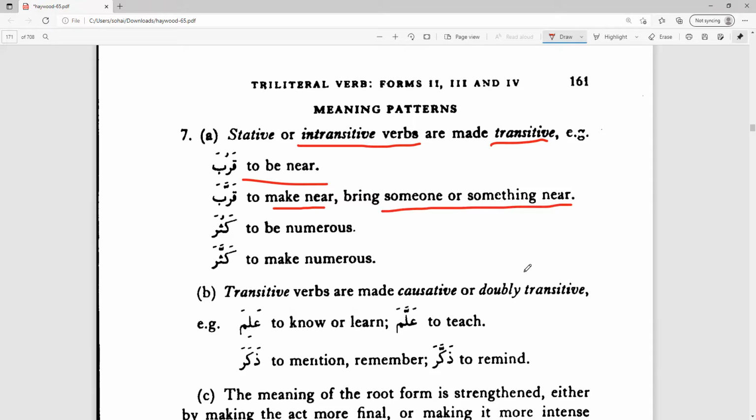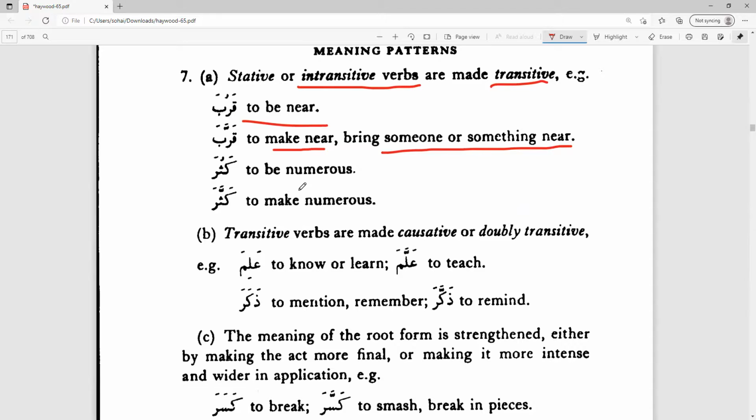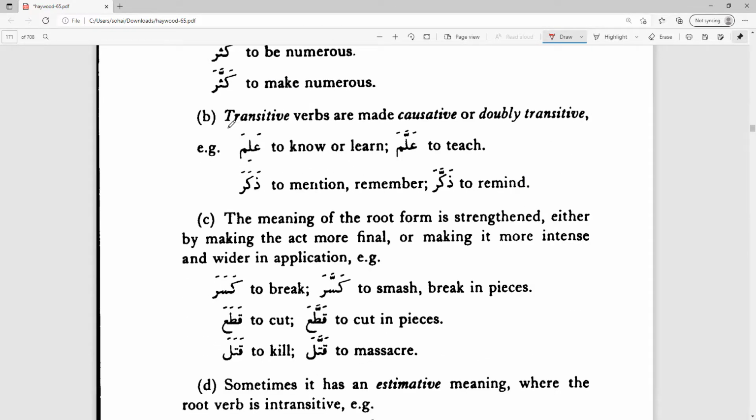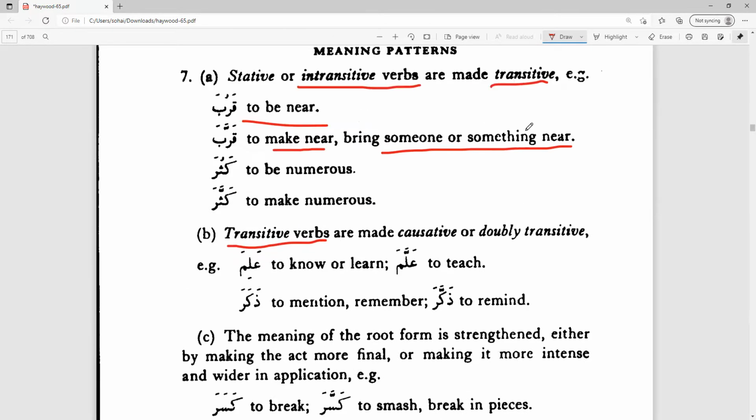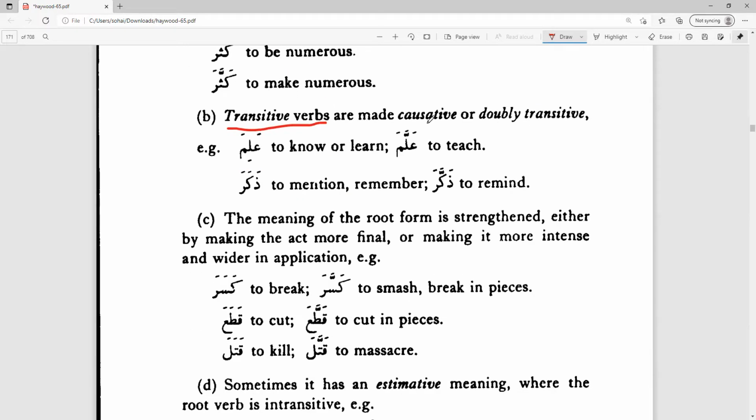So qarrabtu al-qalama, I brought the pen near. So the pen becomes the object. So it becomes something which needs an object. And it's causative in the sense that, you know, I became the source of making it near. And so then we said if it's a transitive verb already, then it could make it causative or doubly transitive.